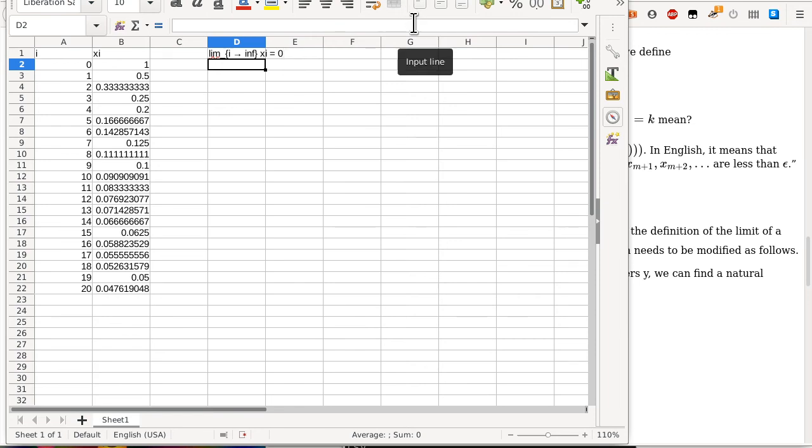Seems to make sense, right? If I make I larger and larger and larger, x of I is going to get closer and closer and closer to 0. Does that make sense, just intuitively? Yes. Okay, excellent. So you can do a plot too.